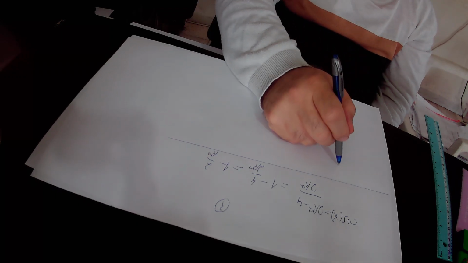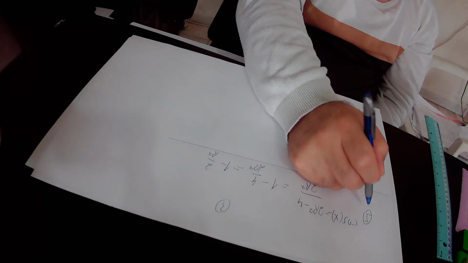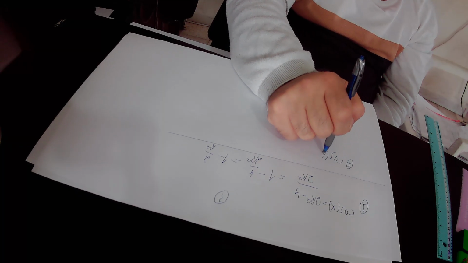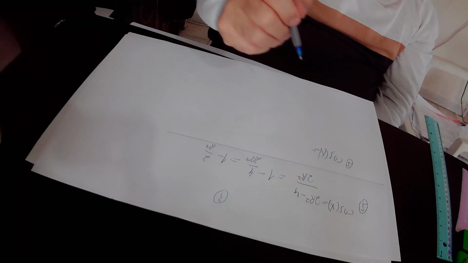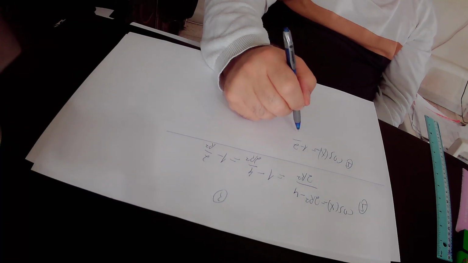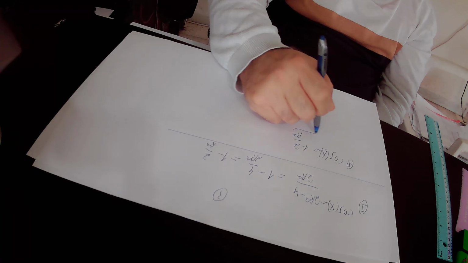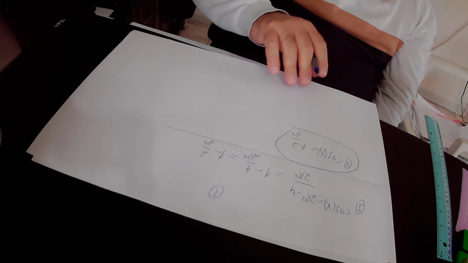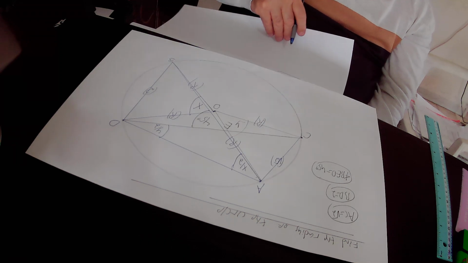So in conclusion, according to equation 1, cosine X equals 1 minus 2 over R squared. This is according to equation 1.